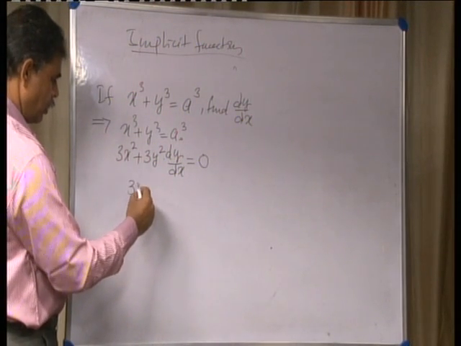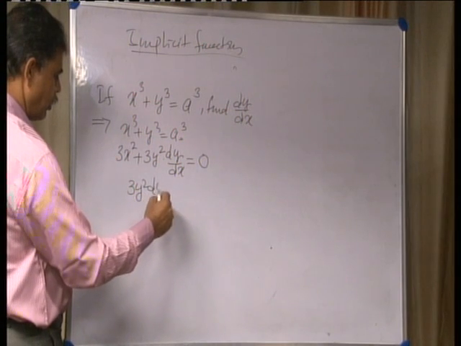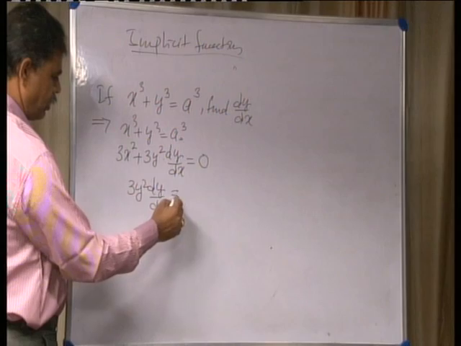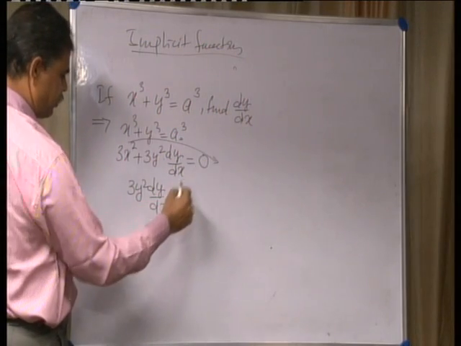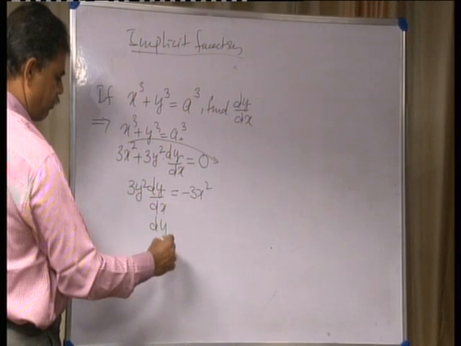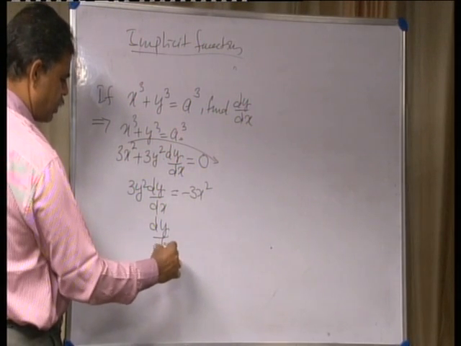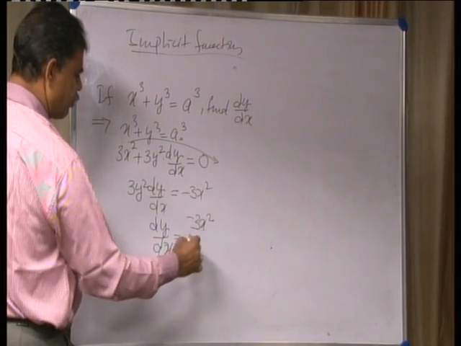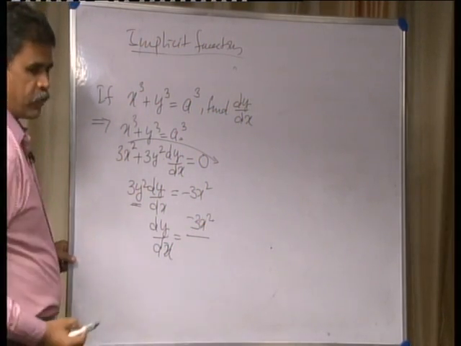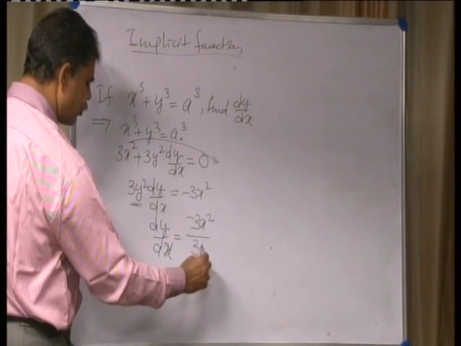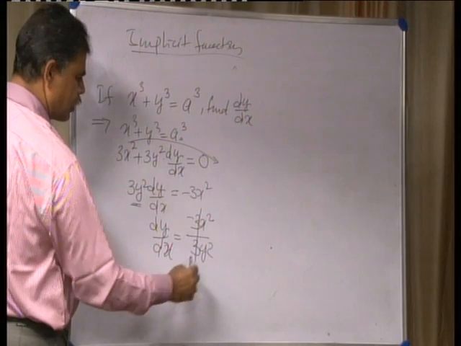Then you take the term which does not have dy by dx to the right side. You transfer this 3x square, it will become minus 3x square. Dy by dx is minus 3x square all divided by the term multiplying dy by dx, which is 3y square, that goes to the denominator on the other side. 3 gets cancelled.